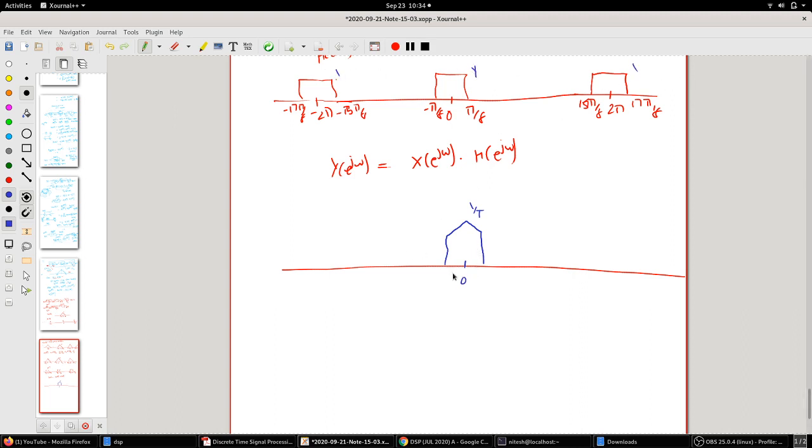So this is 1 by t, from minus pi by 8 to pi by 8. So this is what you get, since your discrete time Fourier transform is periodic.